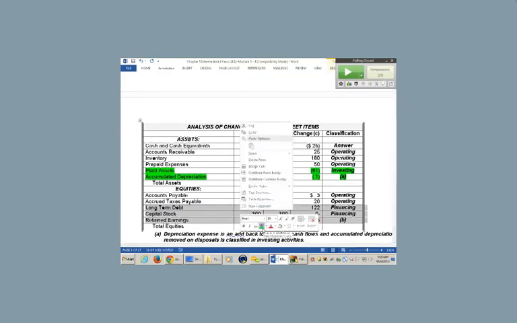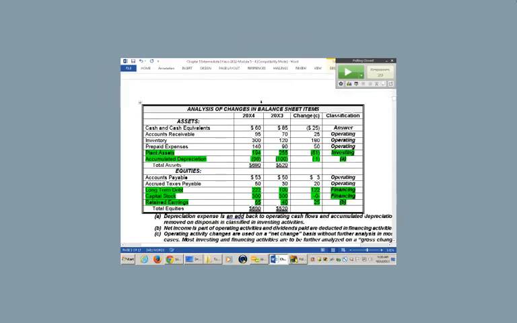I need more work to be done here, but not necessarily too much work because I know that I've got nothing happening in cap stock, so I can just ignore that for this problem, but in other problems you'd have to work with that. Long-term debt, I'm actually pretty good, right, because I have the number already.